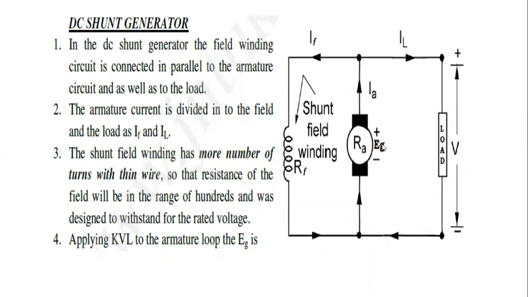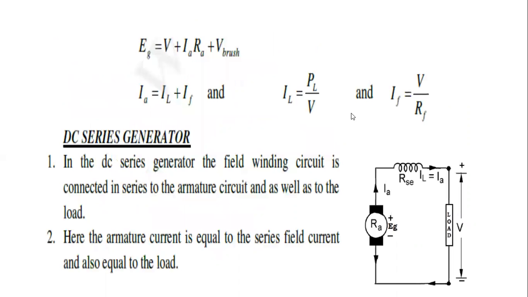Similarly, we apply KVL in this loop. Therefore, EG equals V plus IARA. The drop across this armature is IARA. What is KVL?